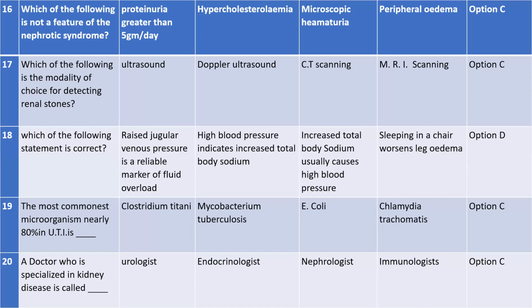Is proteinuria greater than 5 gram per day a feature of nephrotic syndrome? I have said microscopic hematuria is not a feature, so check options A, B, and D, whether these three are correct or not. I explained proteinuria in nephrotic syndrome.